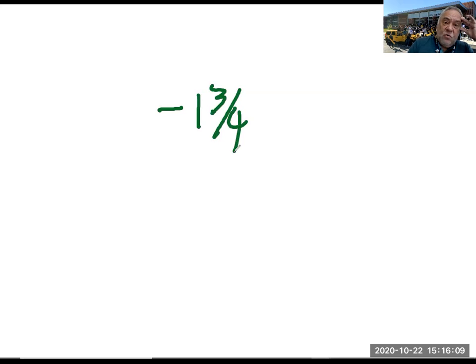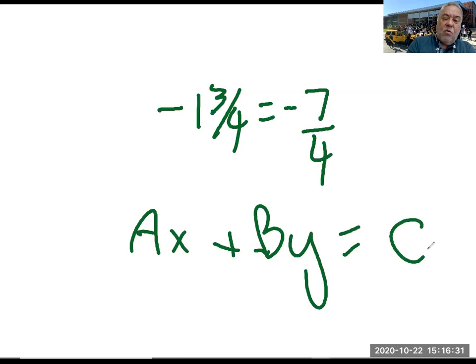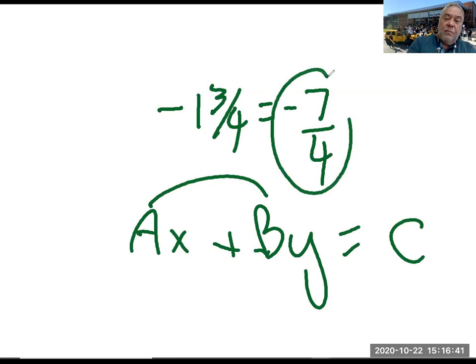The first thing to do is convert that to an improper fraction: 4 times 1 is 4, plus 3 is 7, so it's the same as negative 7/4. If you remember the shortcut for standard form, slope is A divided by B with the sign changed. Well, here we're going backwards. We know the slope, so look at it.